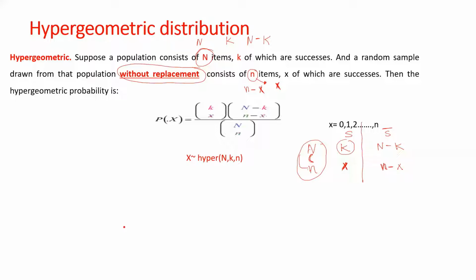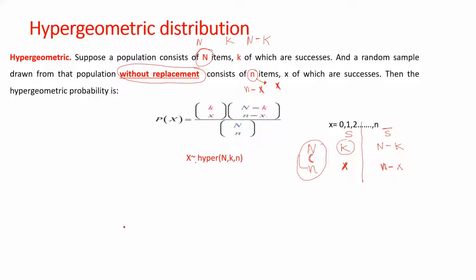And the formula is written like probability of X equals K combination X, N minus K combination n minus x, over N capital combination n small, and X takes values 0, 1, 2, 3 up to n, same as binomial distribution, which also takes the same values.